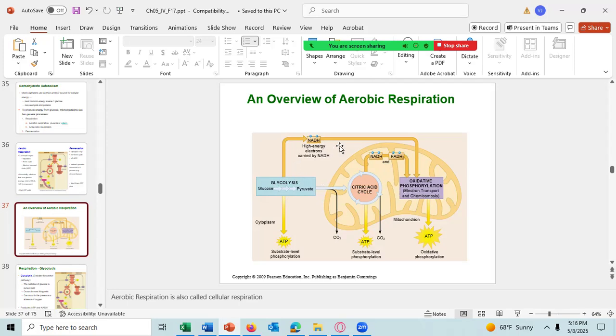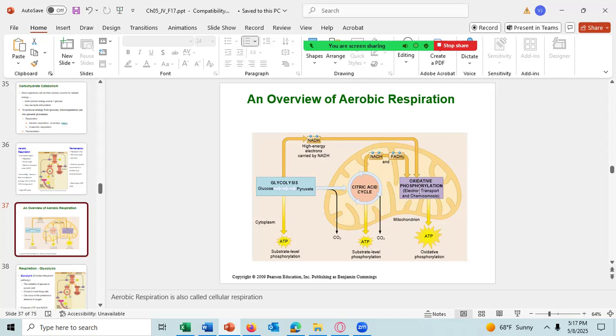So that's what these NADH and FADH2 are doing. They're carrying electrons to the electron transport chain. Now, this Krebs cycle, or citric acid cycle, happens inside the matrix of the mitochondria of a eukaryote cell. The electron transport chain occurs across the inner membrane of the mitochondria.